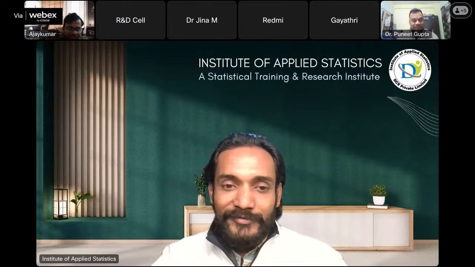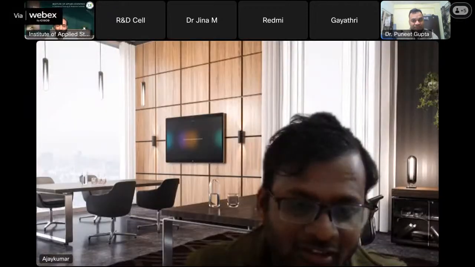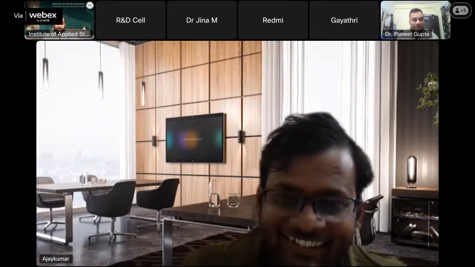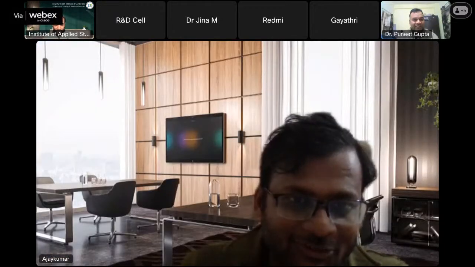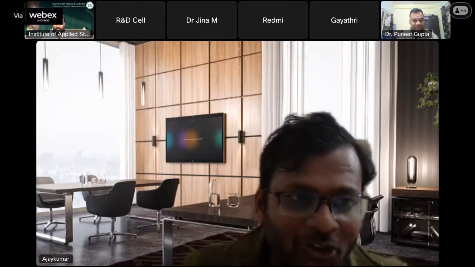Sir, can you explain the geometric mean? In community medicine, we have one concept, the human development index. To calculate that particular index, they use the geometric mean. I have seen it, so briefly, just to know what the geometric mean is. See, there are three types of mean: arithmetic, geometric, and harmonic.